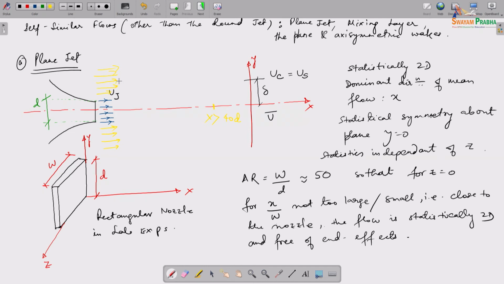You could actually have another parallel stream of fluid, and that's totally possible. But in here it is quiescent, so this V is actually equal to 0.